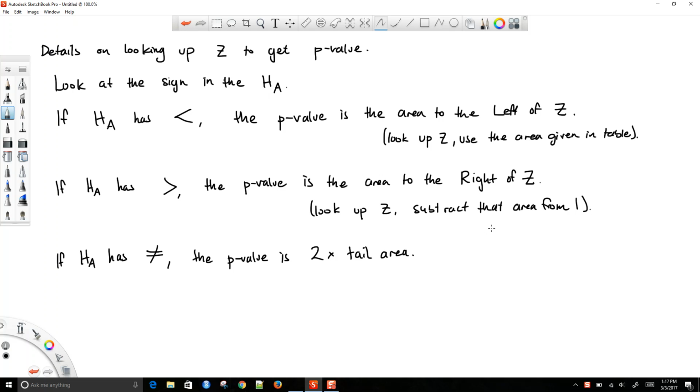The tail area is always the area going away from 0. Meaning it's the area to the left if z is negative, and the area to the right if z is positive.